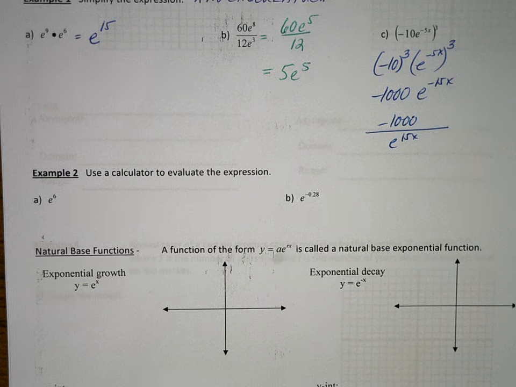Arrow over, e to the power, and then put 1. Okay? Anybody else? Issues with their machines? Everybody's are a little different.